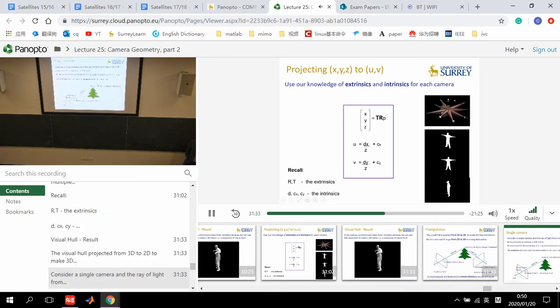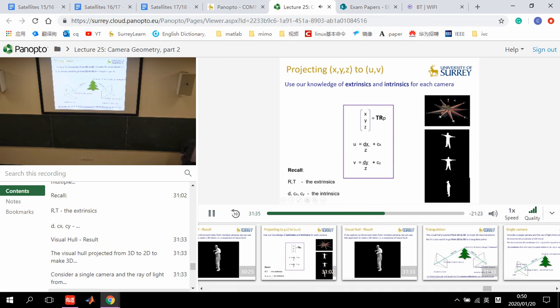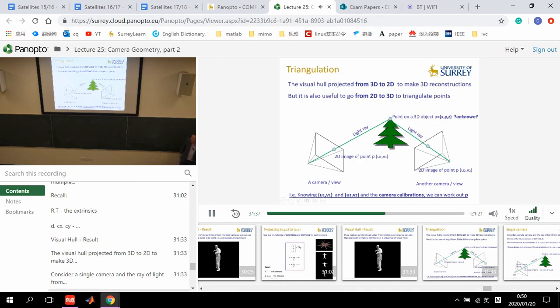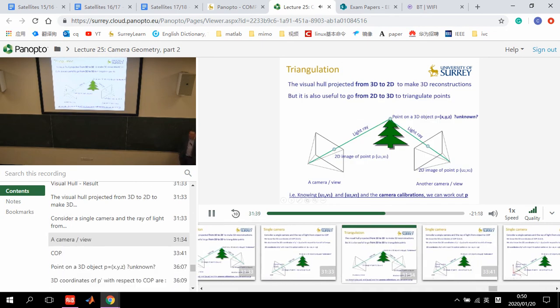Okay, let's then move on and talk about the second application of this geometry. This is not so much about going from 3D to 2D, which is the process we used in that purple box to project voxels to 2D to create this 3D reconstruction.